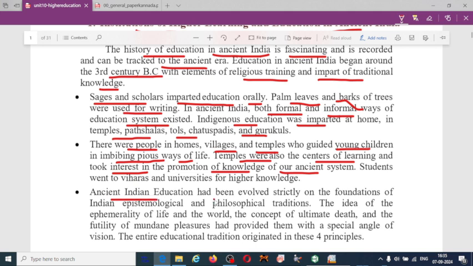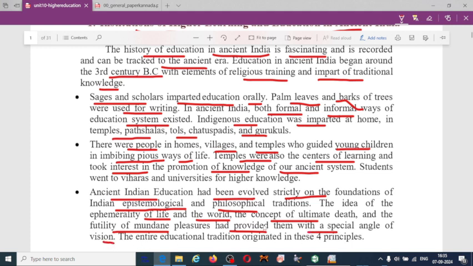Ancient Indian education had evolved strictly on the foundation of Indian epistemological and philosophical tradition. The ephemerality of life and the world, the concept of ultimate death, and the futility of worldly pleasures provided them with a special angle of vision.